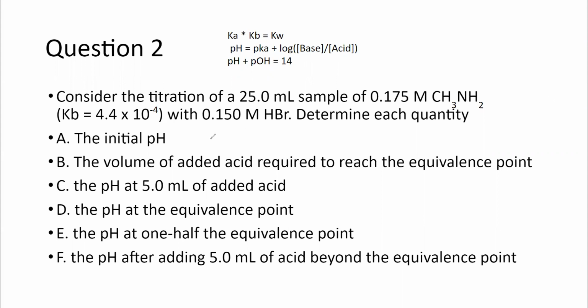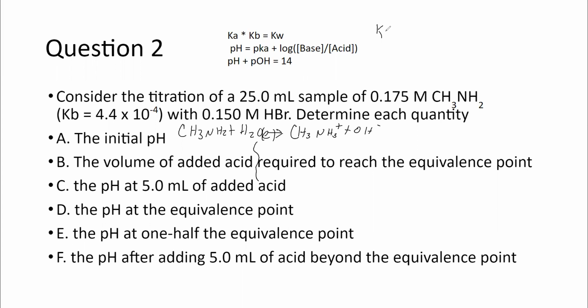Since we just have base to begin with, let's always write down our chemical equation. CH3NH2, a base, in water, plus H2O, makes CH3NH3+ plus OH-. This is more or less an ice table, and water is liquid, so that's not going to count.